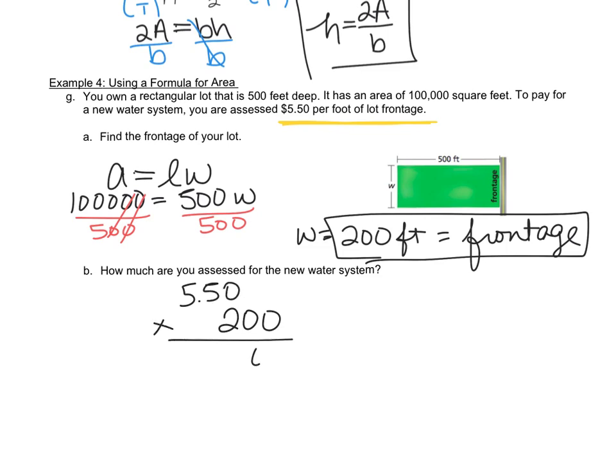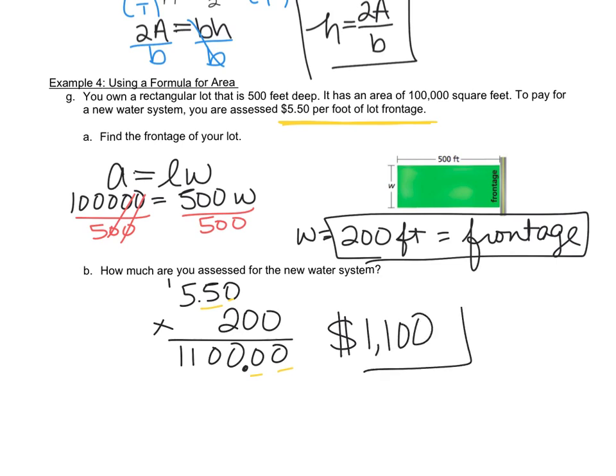And here I'll bring down my 2 zeros, and then multiply 2 times 0 is 0, 2 times 5 is 10, carry the 1, 2 times 5 is 10, plus the 1 is 11. We have 2 spots after the decimal, so we'll put our decimal 2 spots in. So the cost is going to be $1,100 for the new water system.